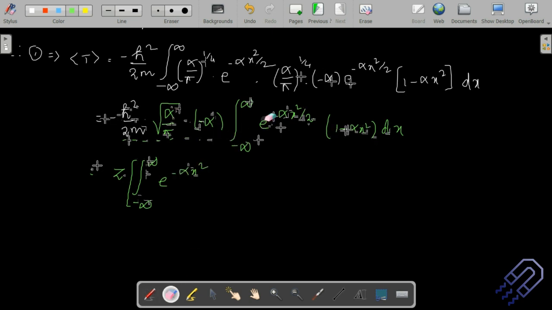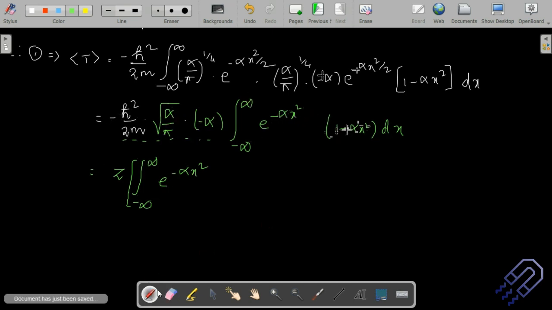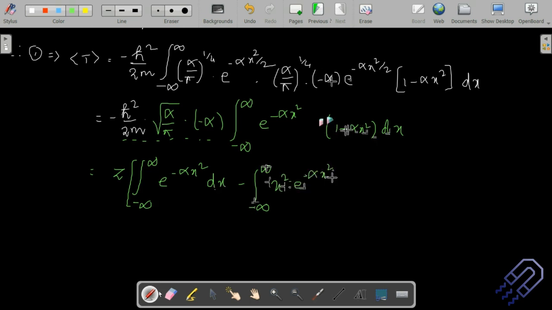Divided by 2 is not there, sorry, that was just to multiply and get cancelled out. So divided by 2 is not there. Alpha x square dx, just separating it out, minus integration from minus infinity to plus infinity x square e to the power minus alpha x square dx.